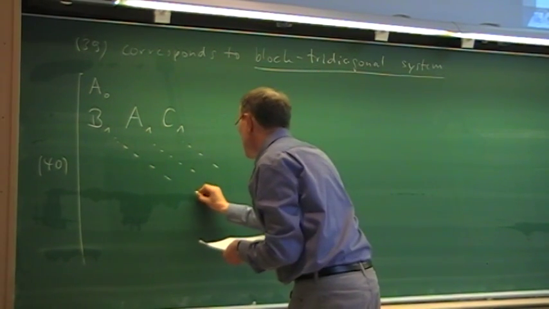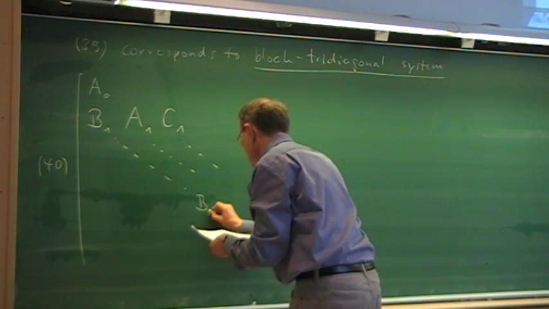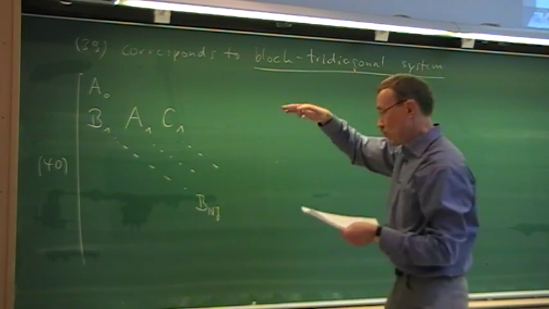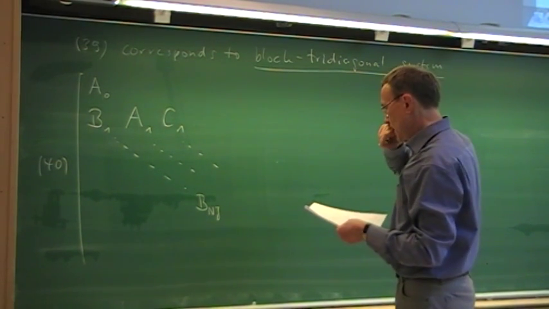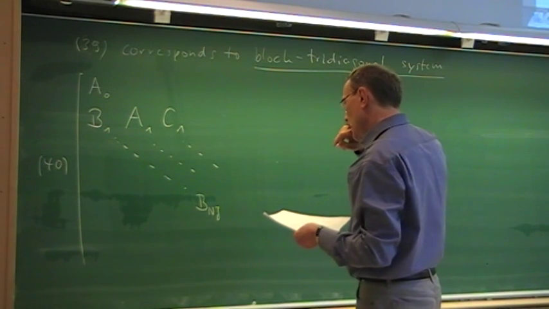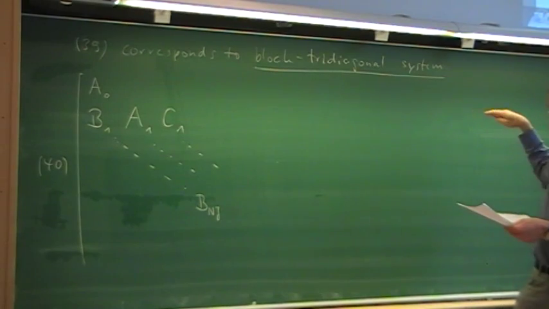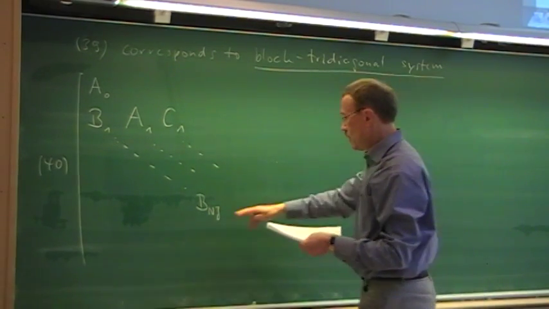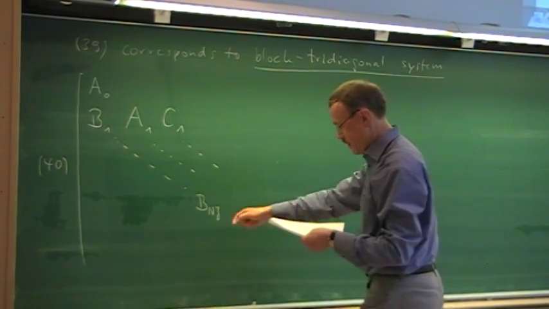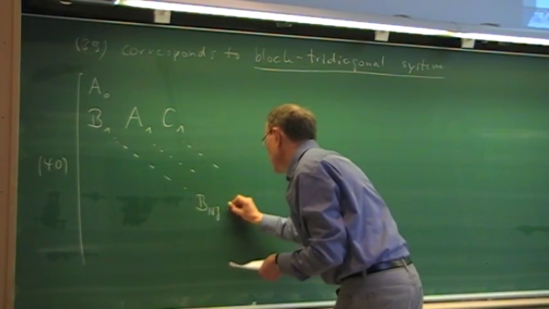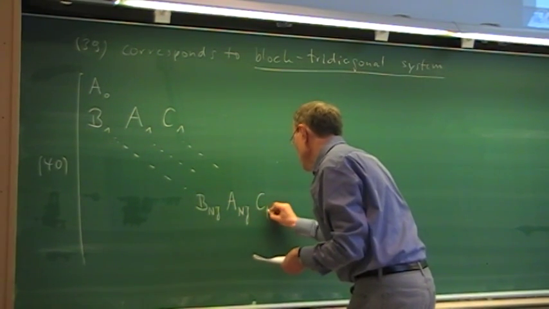until we get to B nj, because we go across the I lines, and then we do that for each j. We go across the I direction, and then we get from the first cell line to the last one, this is nj, and then we have in the center the matrix A nj, and we have the C nj.